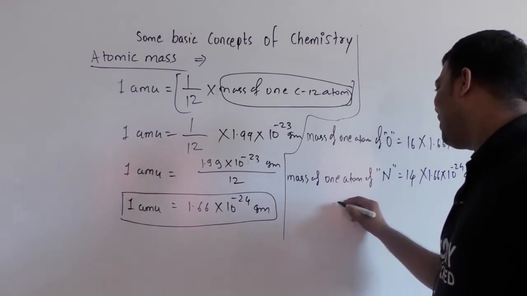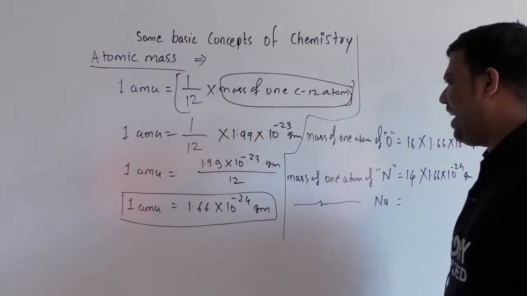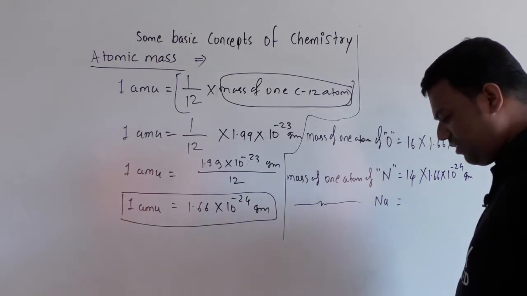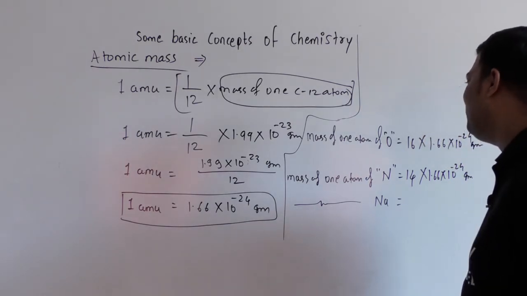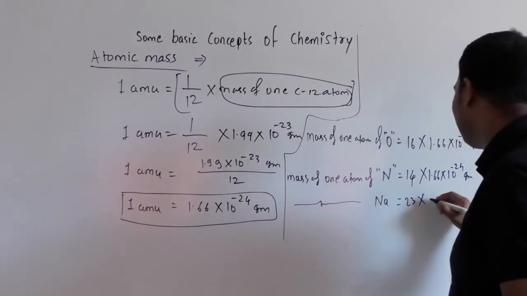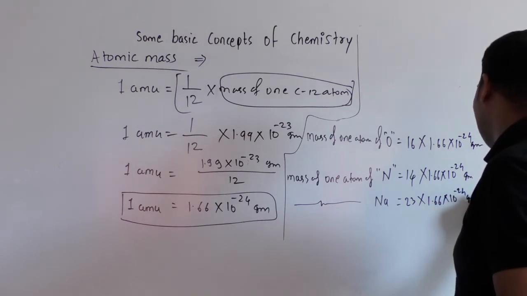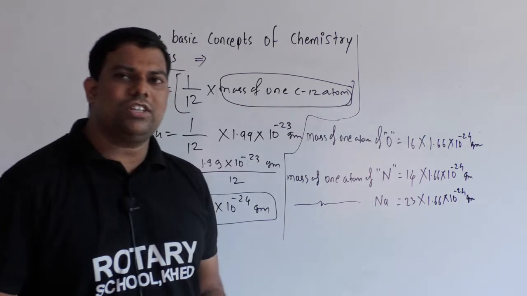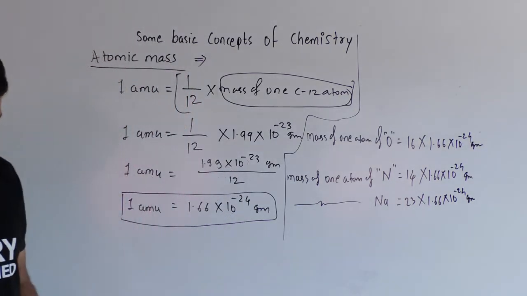And for the mass of one atom of sodium, suppose, as you know, sodium atomic mass is 23. So 23 into 1.66 into 10 raised to minus 24 gram. No doubt, you can easily convert this gram into kg also. So I hope you understood this thing.